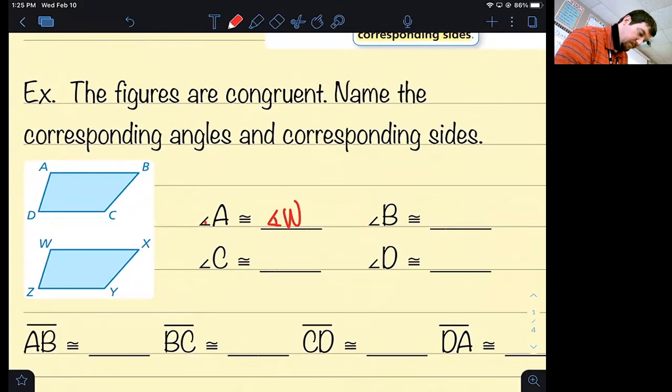Angle X. Good. And angle C, Ashton? Angle Y. Okay. And then angle D, Olivia? Angle Z. All right. Now, let's look at the side lengths.